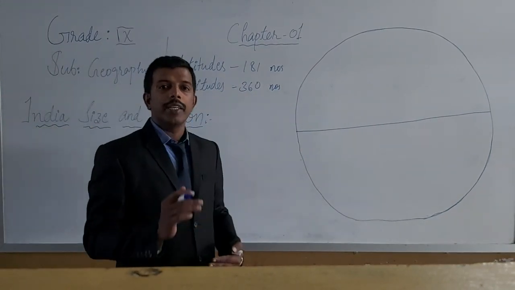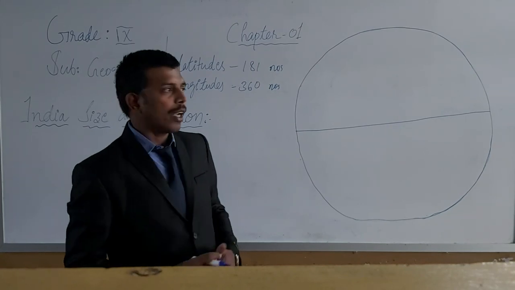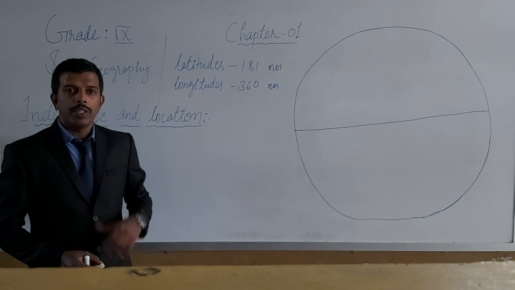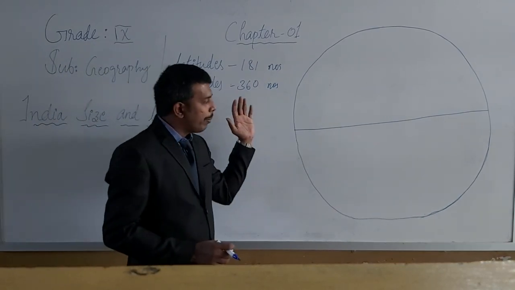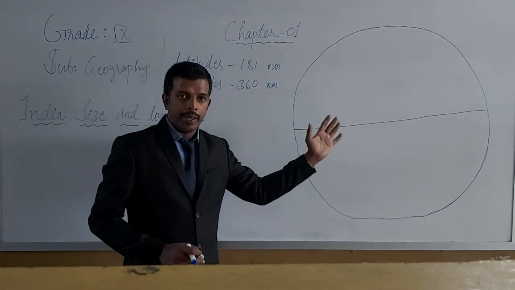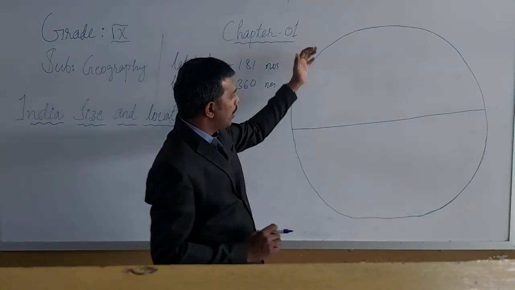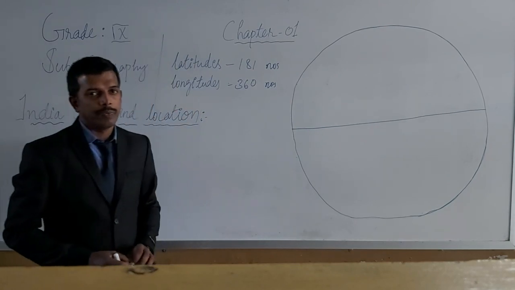Just like you studied in the previous classes, there are a lot of imaginary lines. There are a lot of imaginary lines that run in the east to west direction as well as the north-south direction.